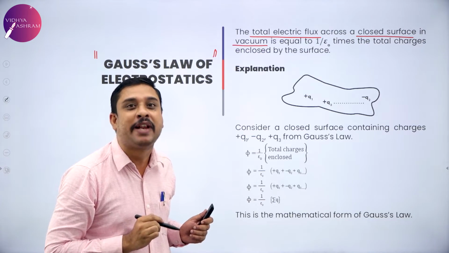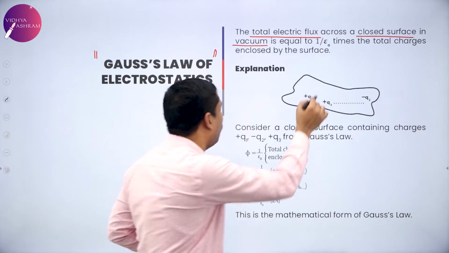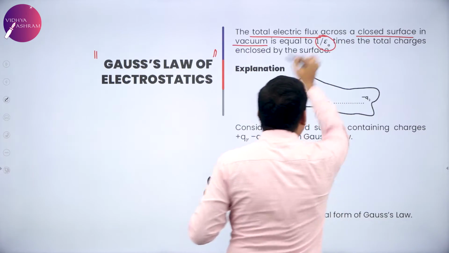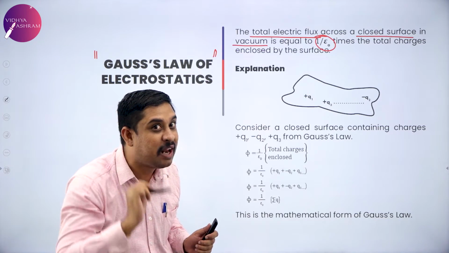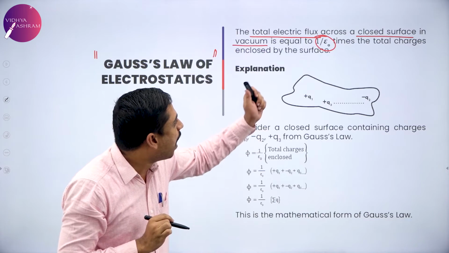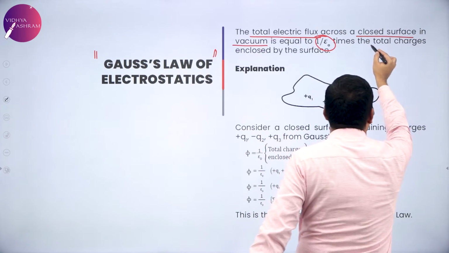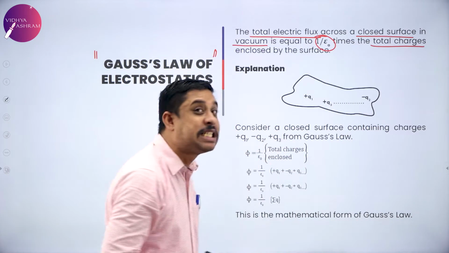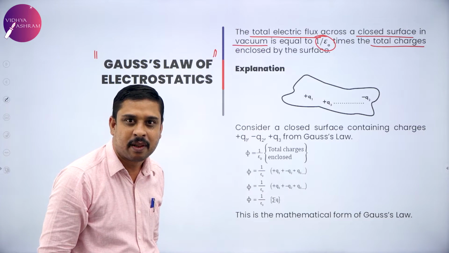Vacuum, free space. It is equal to 1 by epsilon naught times the total charges enclosed by the surface.